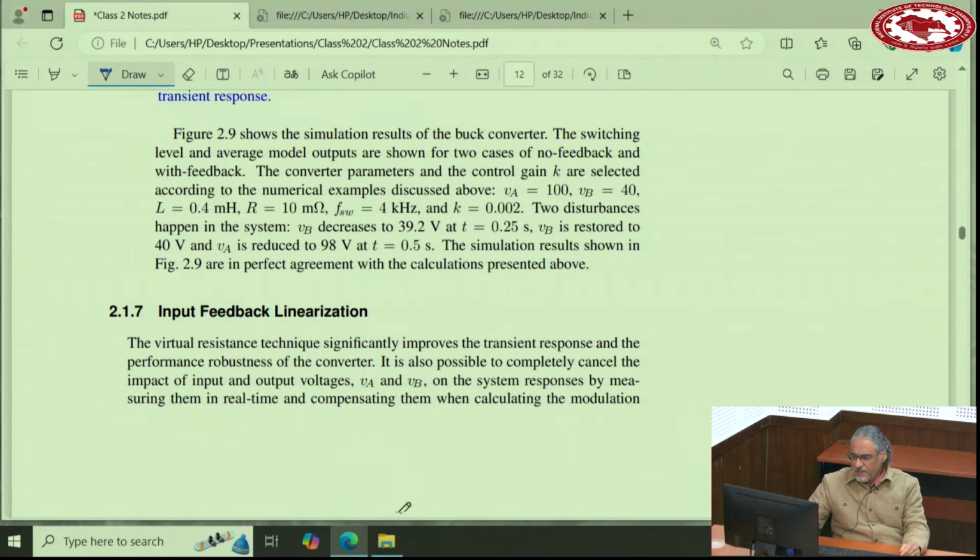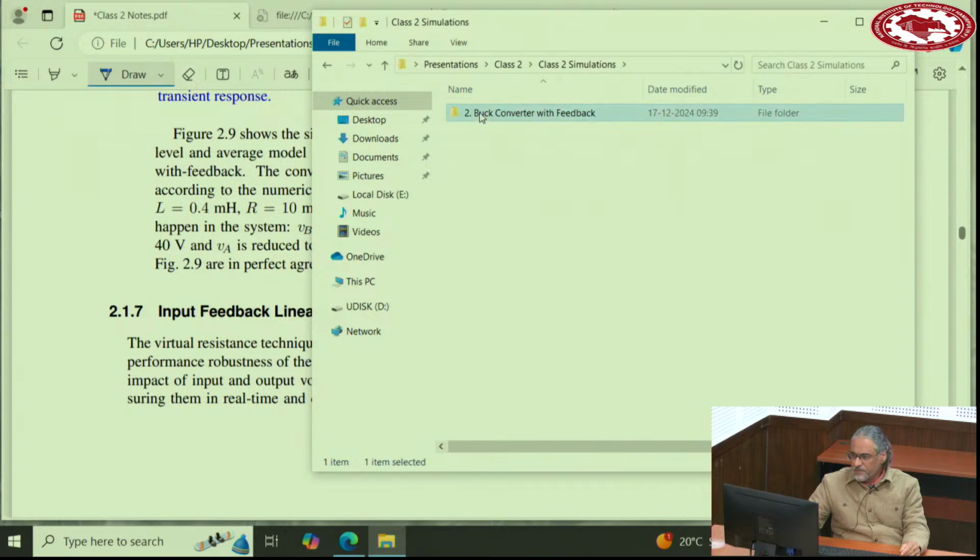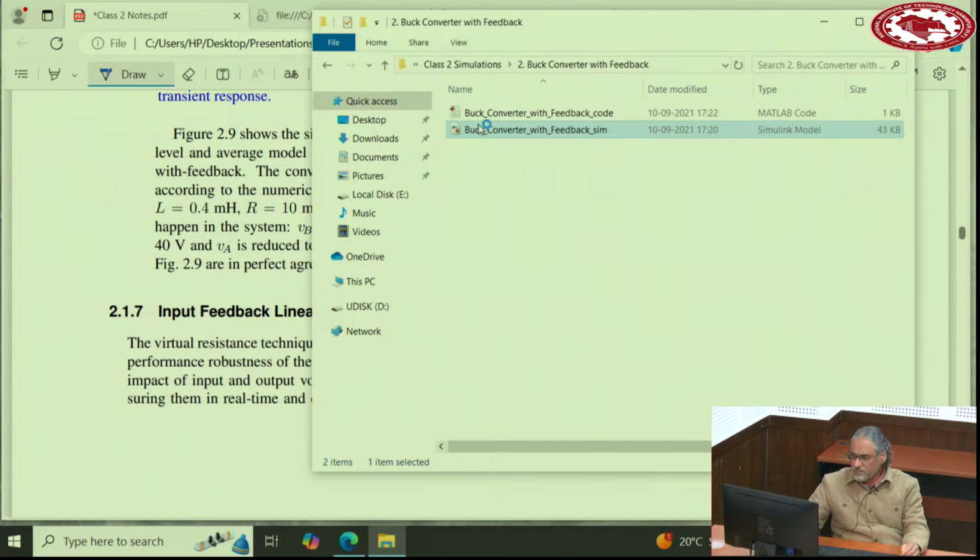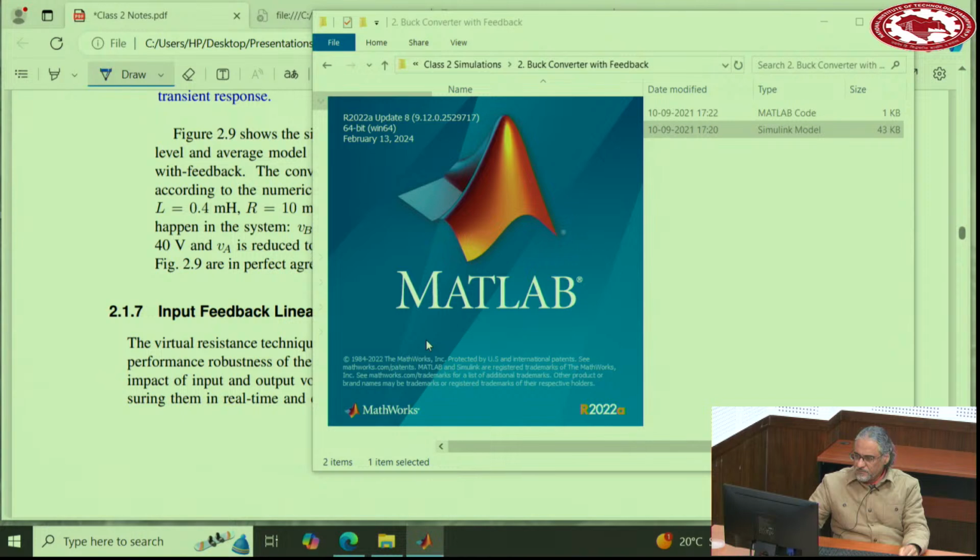Okay, let me see if I can quickly run the simulation. First time normally takes a couple of minutes, but then next times will be faster.